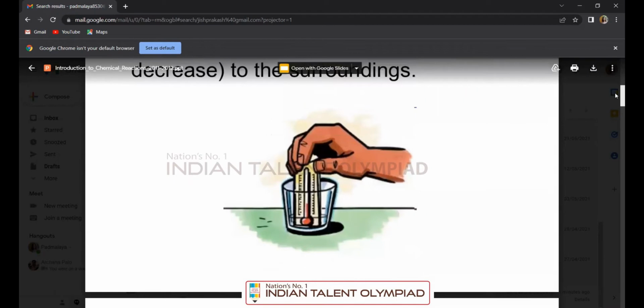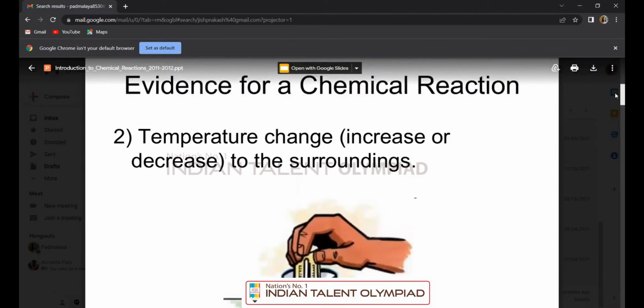Next, another evidence we have is temperature change. That is either an increase or decrease in the temperature of the surroundings. That is also an indication of a chemical reaction. For example, I'll take sodium hydroxide pellets.